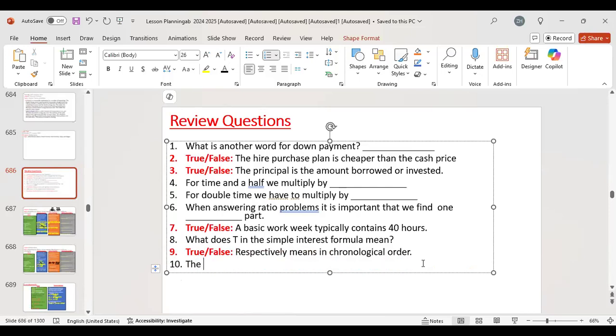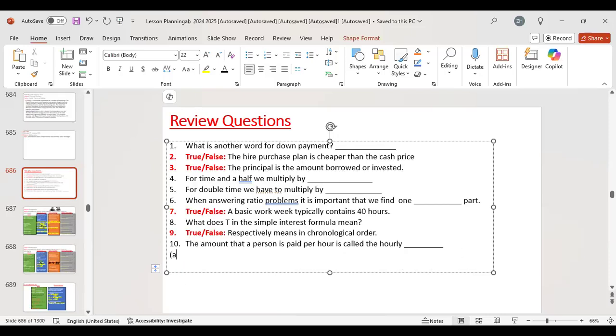Number 10, the amount that a person is paid per hour is called the hourly blank.